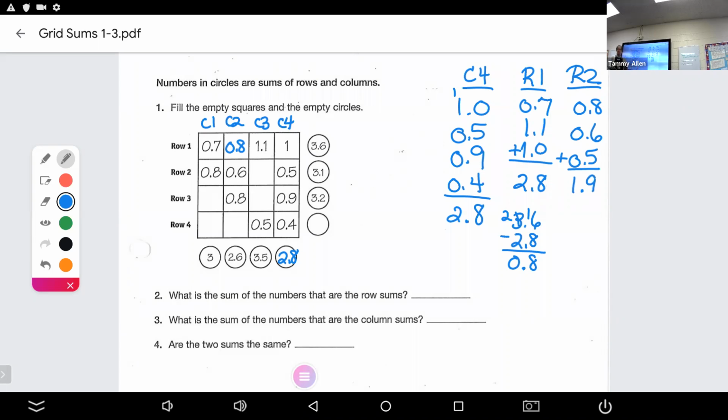What do we do with our 1 and 9/10? Adam? Go ahead and do that. Evan, what'd you get? 2 and what? How did you get that?